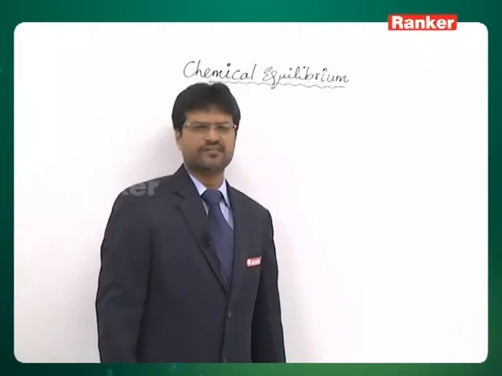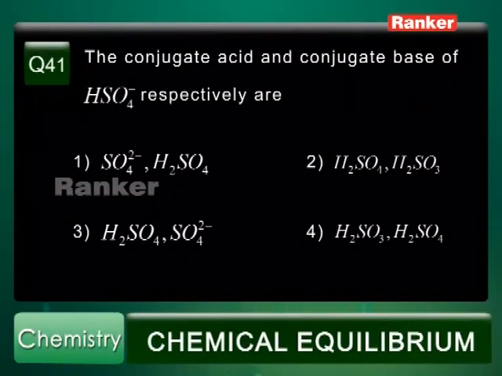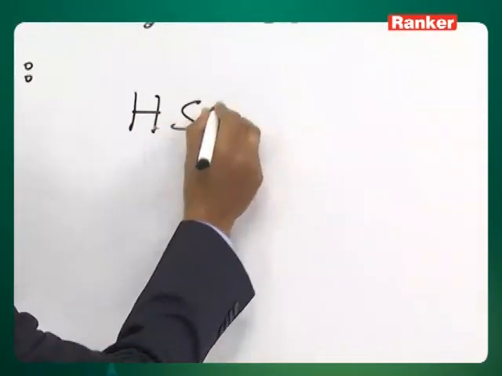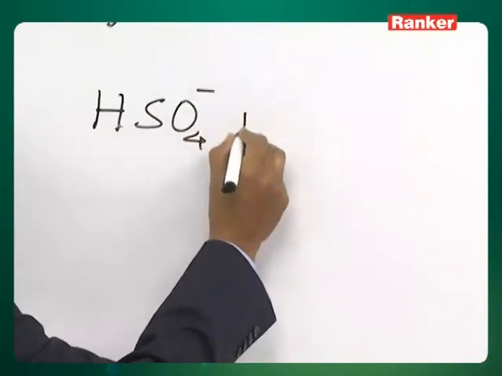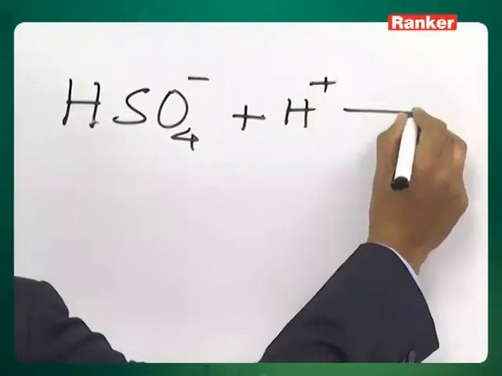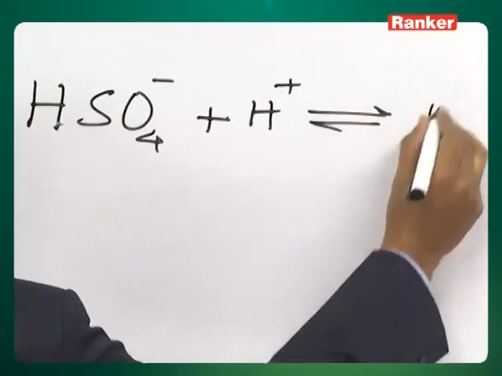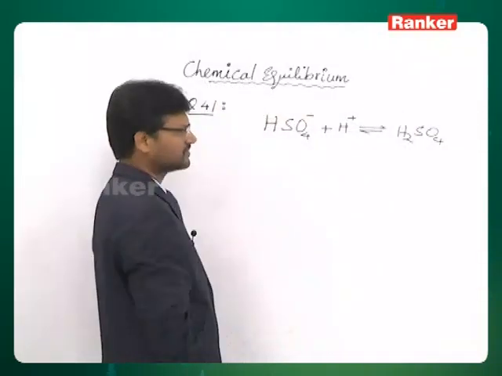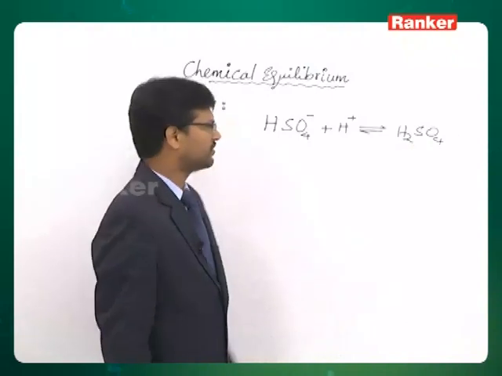Question number 41. The conjugate acid and conjugate base of HSO4 minus respectively are. See, HSO4 minus, if it picks up a proton, it will transform into its conjugate acid. So the conjugate acid of HSO4 minus is H2SO4.